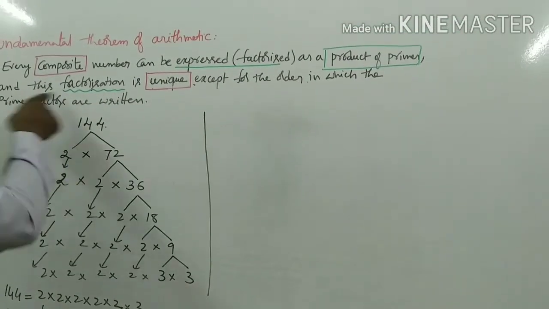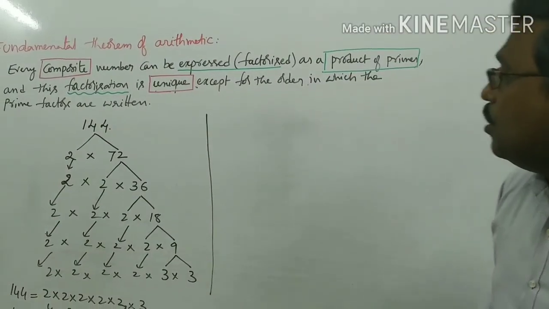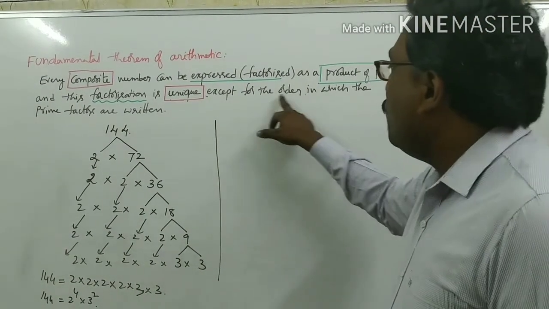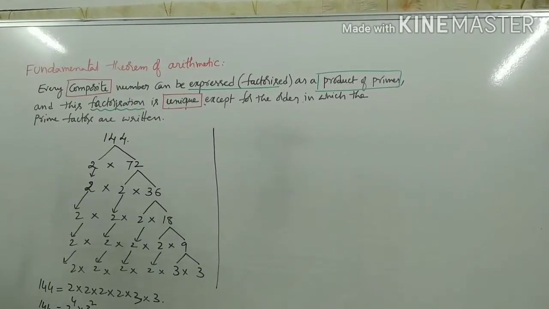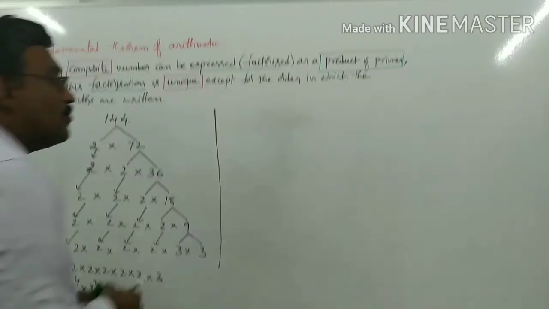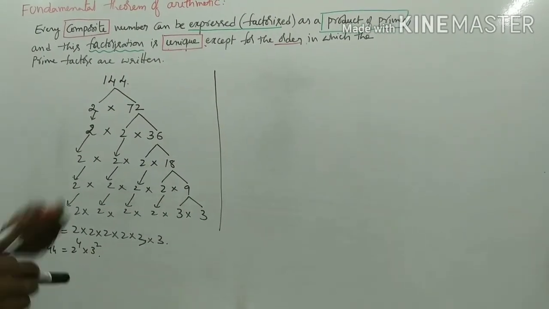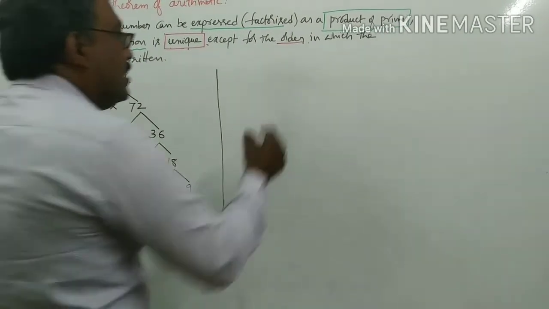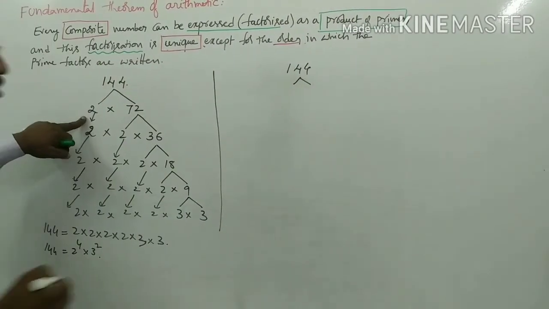Here it is telling that the factorization is unique except for the order in which the prime factors are written. One word is used here, that is order. The same number I am factorizing once again. 144, I started from 2.